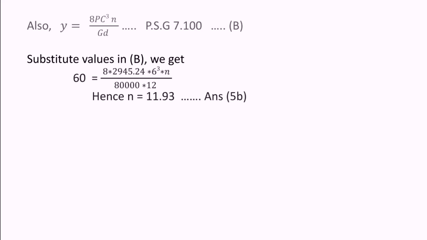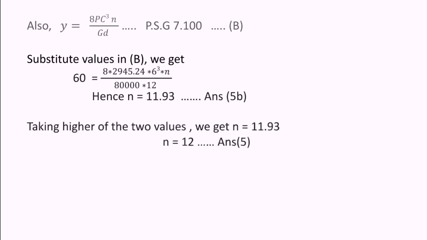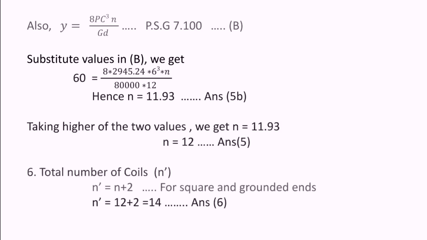Substituting the values, I will get N is equal to 11.93. Taking higher of the two values, I will get N is equal to 12. These are the active number of coils on the spring. For total number of coils, I will use N dash is equal to N plus 2, assuming square and ground ends. Hence I will get N dash is equal to 14. That is, total number of coils in the spring is 14.